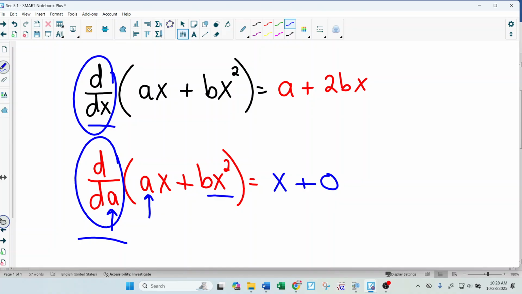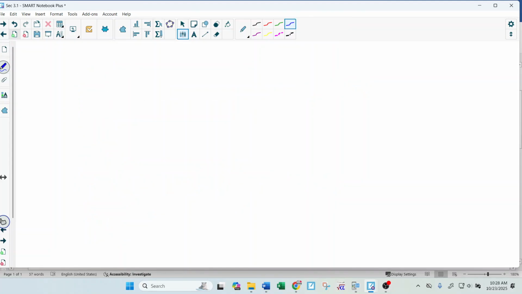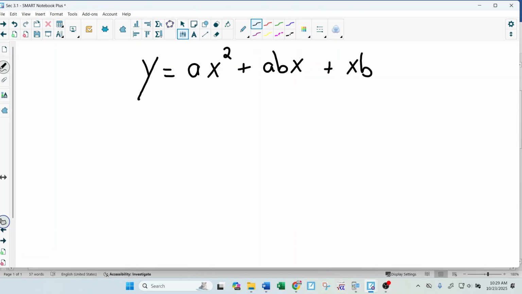Okay, let's try one. Flip your paper over to the back. We'll try one before we continue on. So let's say, I'm going to write it this way. y is ax squared plus abx plus xb squared.